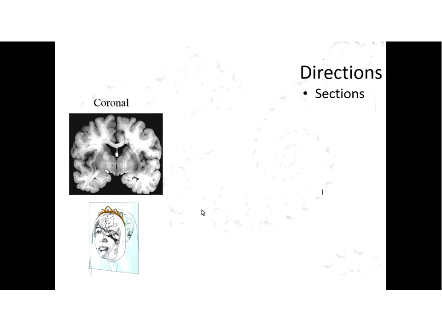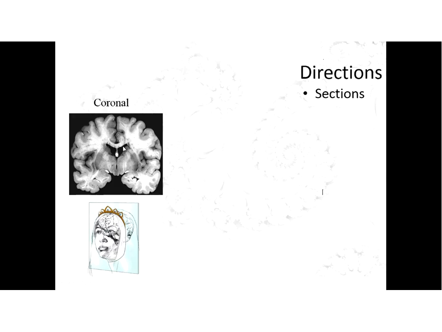We'll also see different sections of the central nervous system. We'll see coronal sections, represented here in this picture. A neat structure to look at across these three is the corpus callosum, this white band of fibers that connects the hemispheres together. We can see the corpus callosum right here in this coronal section.